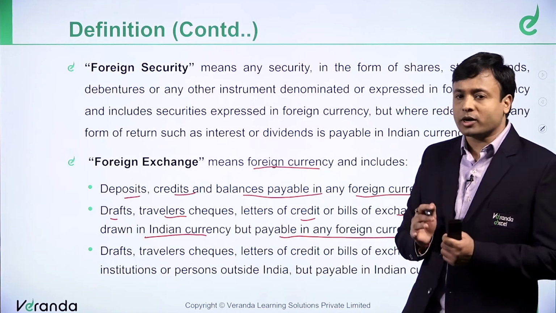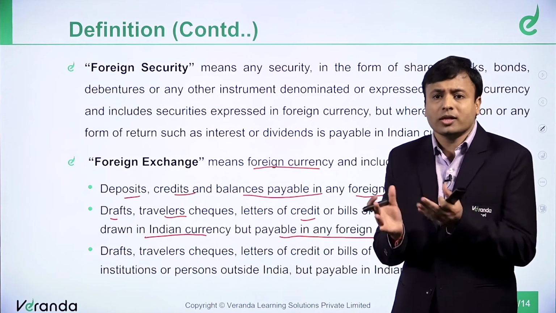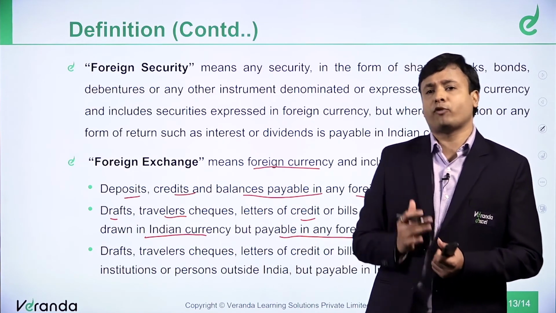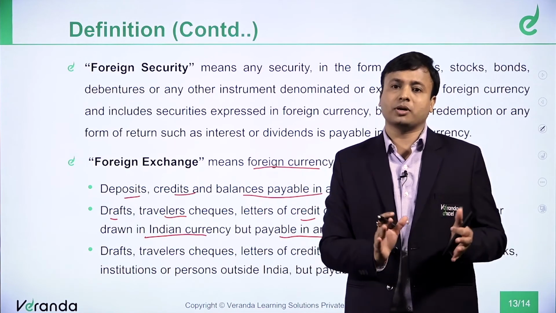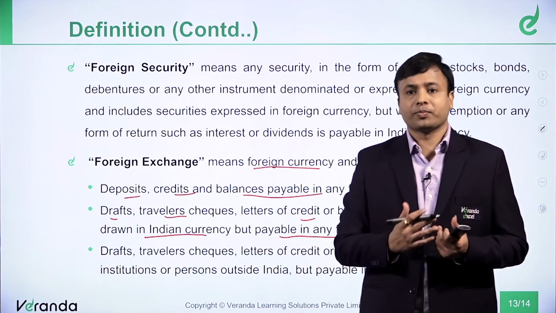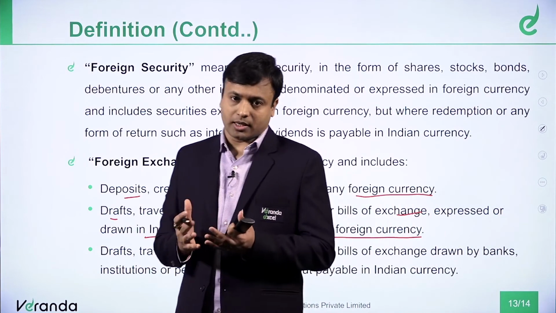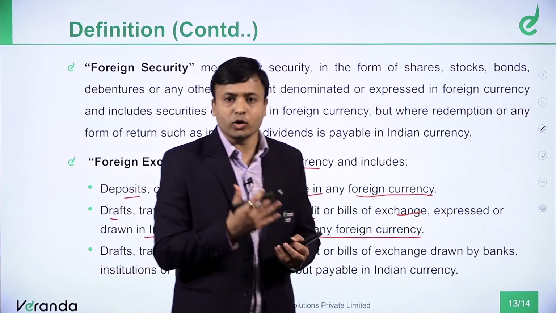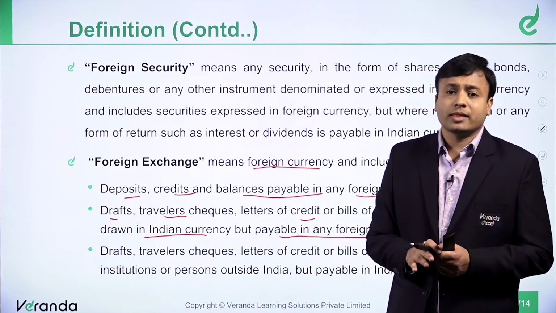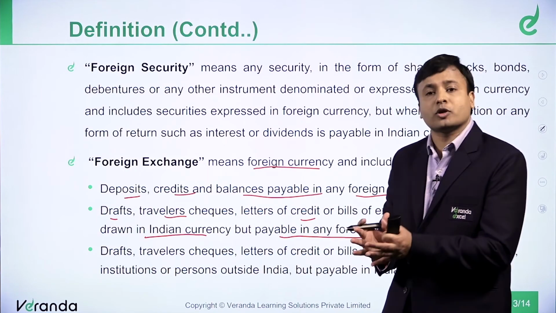All these instruments are drawn in Indian currency but payable in foreign currency. Say, I want to travel to the US. I need foreign currency, US dollars. So I go to my bank, State Bank of India, and tell them that I want 5 lakh INR worth of US dollars.